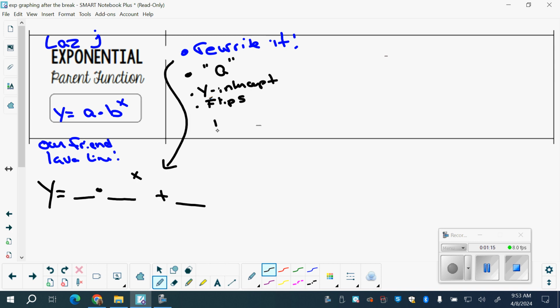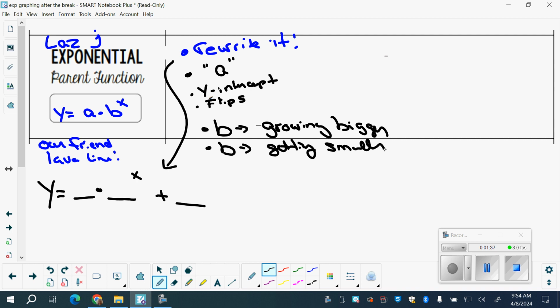Little b has one job, and his job is this: it's either growing bigger or getting smaller. And we call this growth and decay. And you actually have seen this in Algebra 1, Algebra 2, and this year.